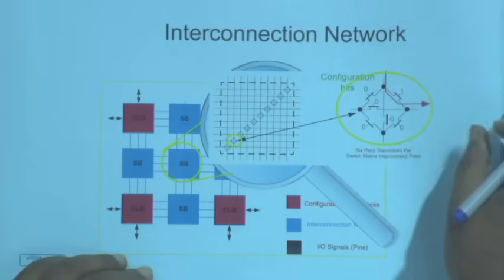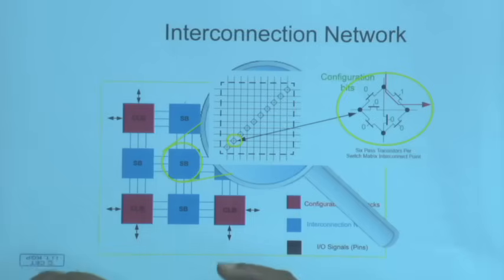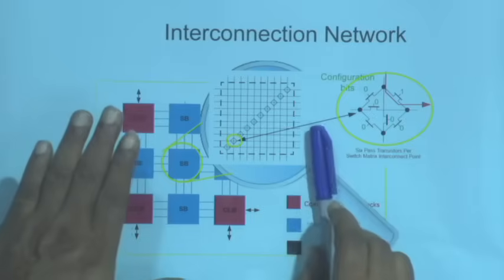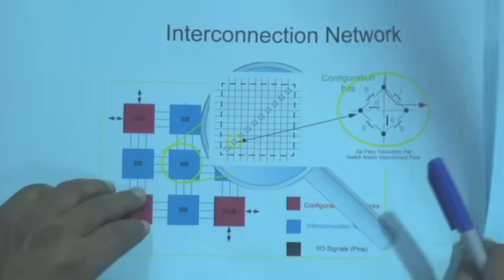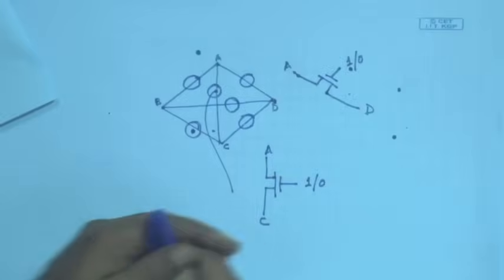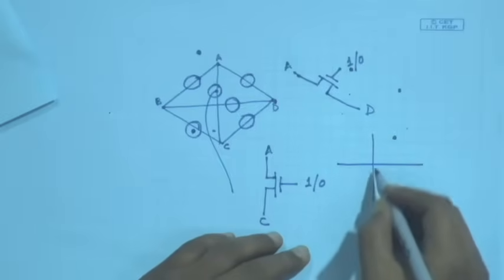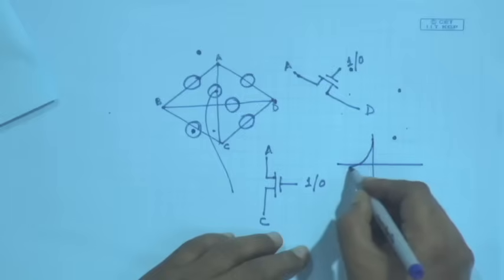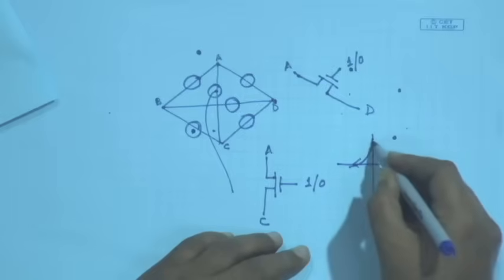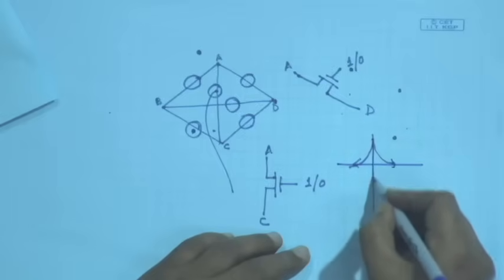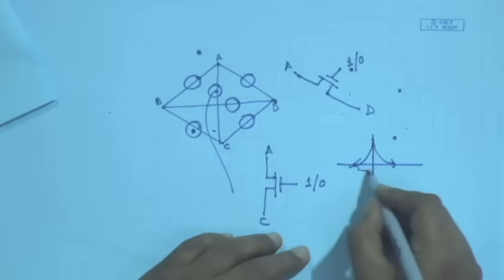Thus, by programming, I can establish interconnections at my will. For every interconnection junction, you will need 6 configuration lines coming. If we look at the array, then here I have got the lines coming, right. Now, I may like the connection to be in this direction, or this direction, or this direction, or this direction.